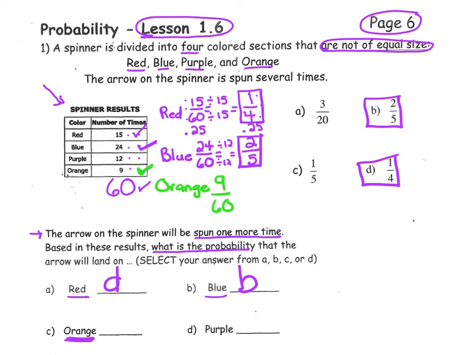We can divide a 3 out of the numerator and the denominator. 9 divided by 3 is 3, and 60 divided by 3 is 20. So the chance of getting an orange is very slim. It is choice A.